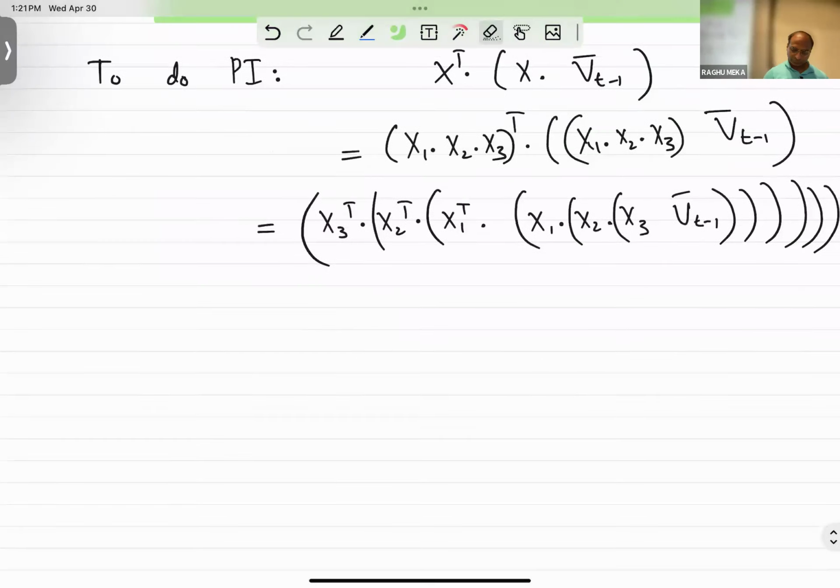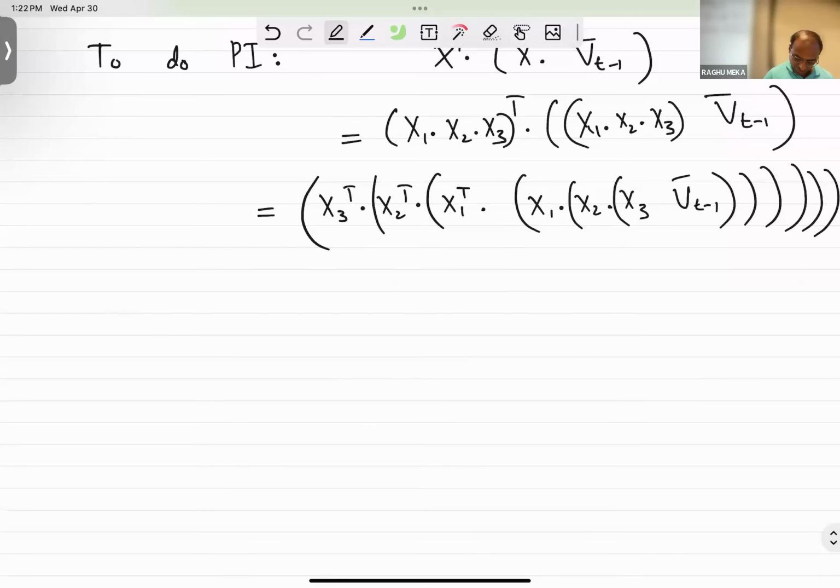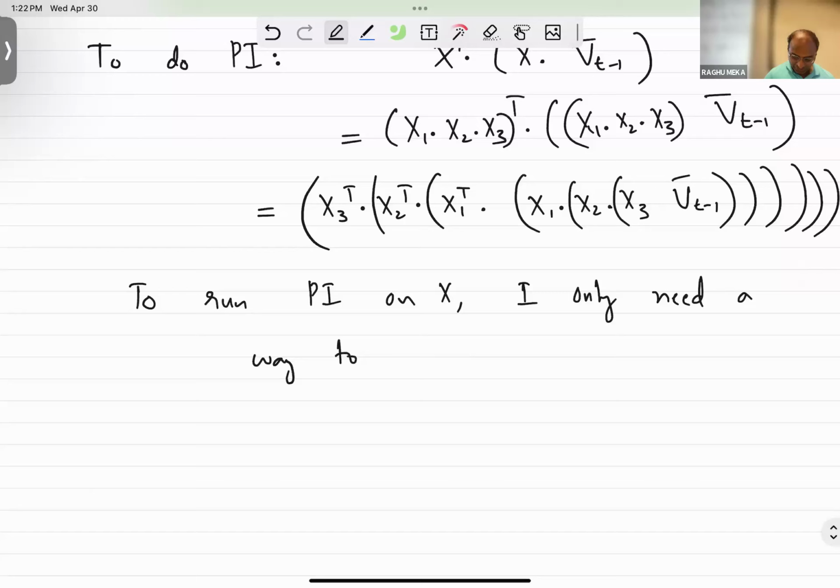All right. So to run power iteration on X, I only need a way to multiply vectors with X. I don't even need to write down X. As long as you give me some subroutine, some handle to compute X times V for any vector V, then I'm good.